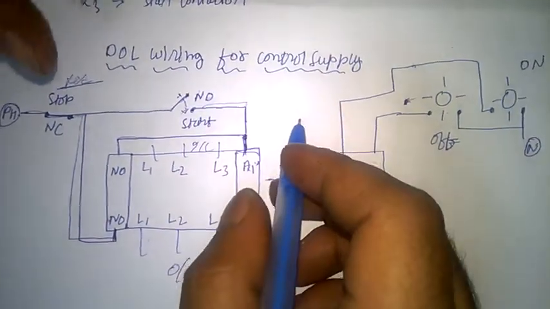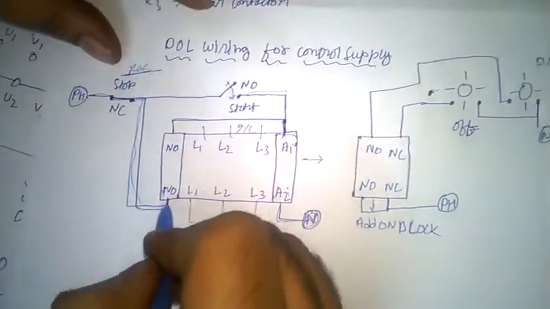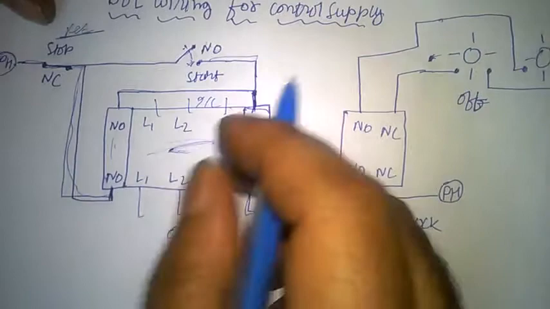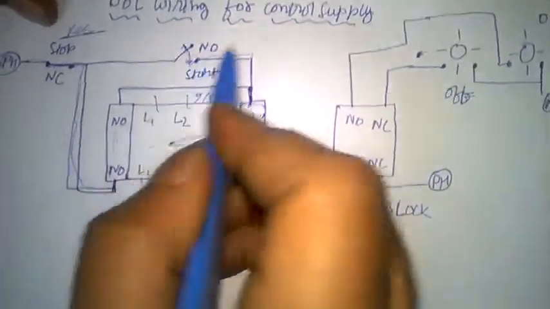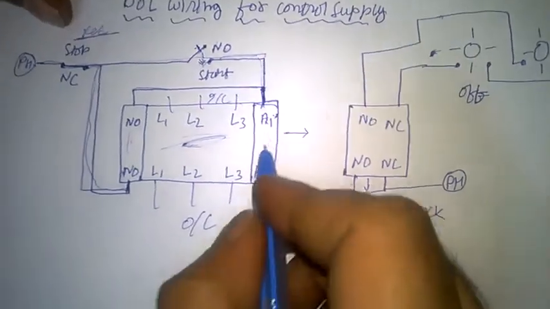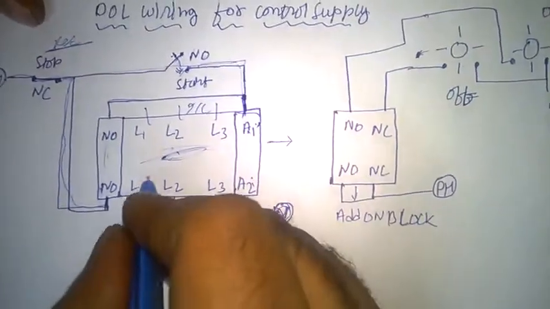Now what happens here? Supply is going here, but as this is NO, the contactor is not operational. Once we close this button, single phase supply goes to A1. A2 is already connected to the neutral, so it gets active.